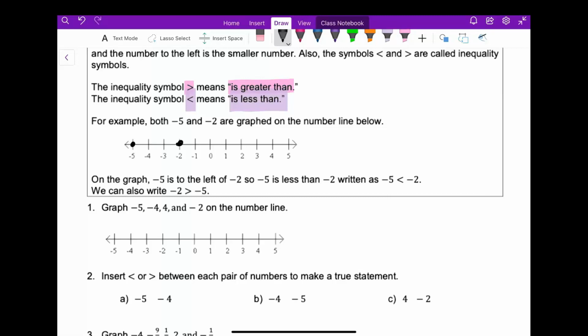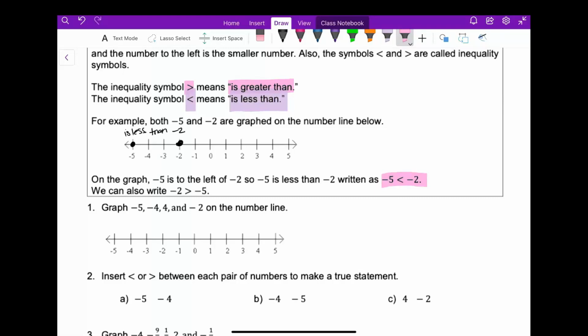So -5 is less than -2, because it's to the left. This is really important, and it's what we're going to be doing in this section.